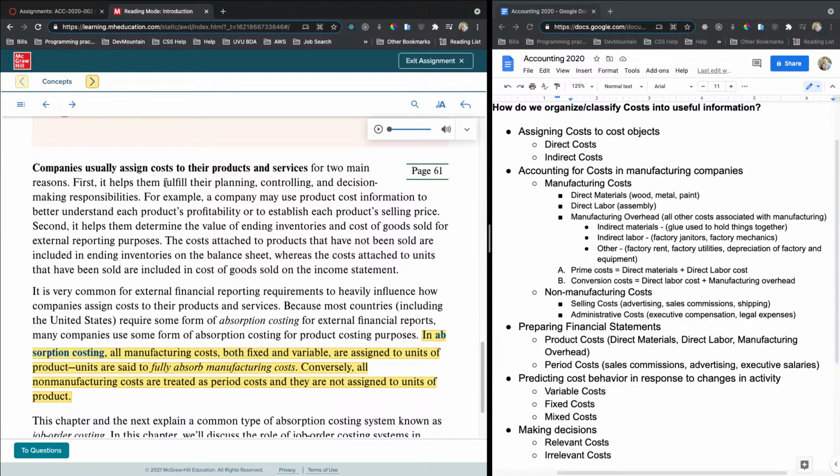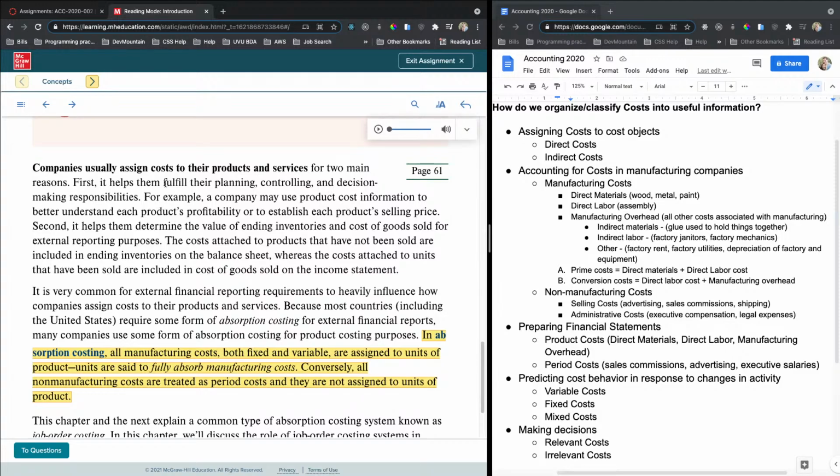I have to buy the beans and the bags and pay for them to be assembled, and then I sell them. But the costs we're talking about are my costs for those products. So why would I assign costs? Well, they do cost money, and it helps me figure out how much money I'm spending, consistently.